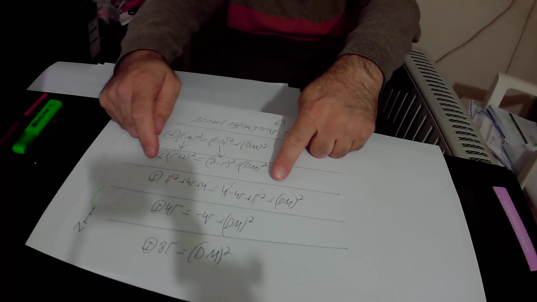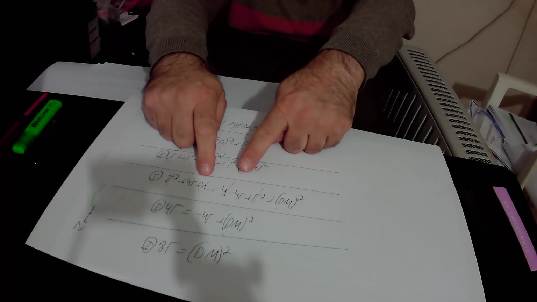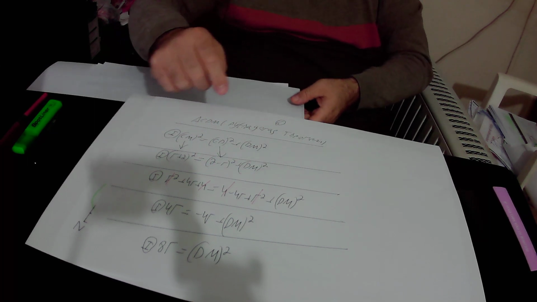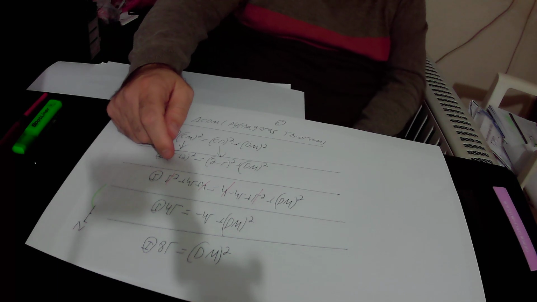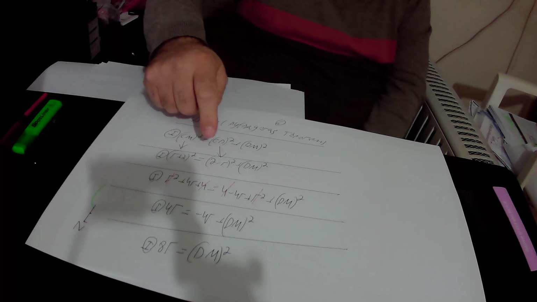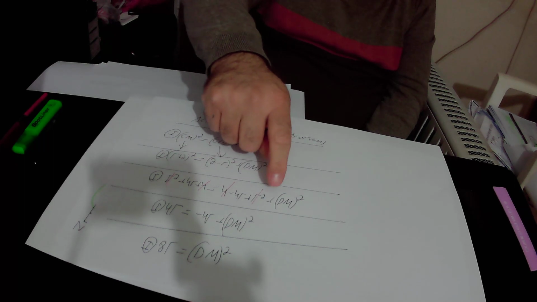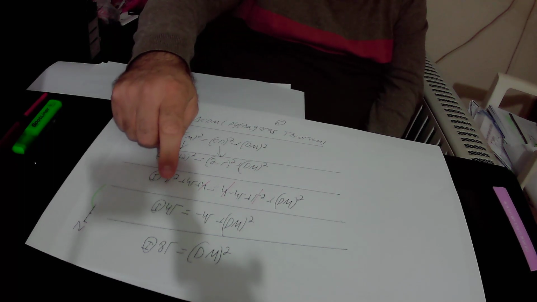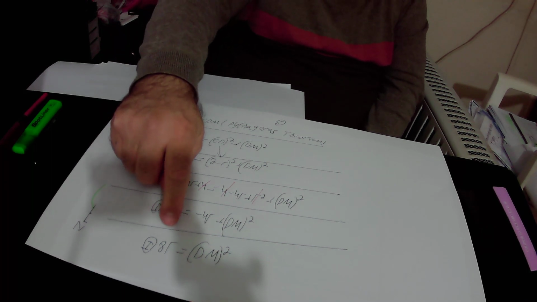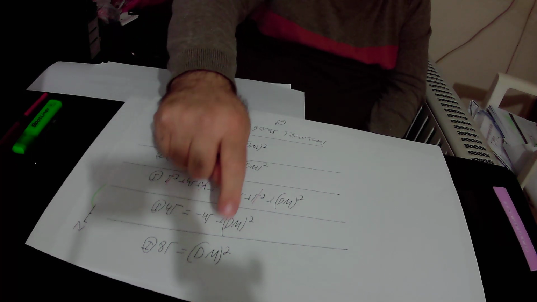Here we have R squared on both sides, so R squared gets cancelled, and we have also 4 on both sides, so 4 also gets cancelled. What is left is 4R on one side, and on the other side minus 4R plus MD squared. Here we add 4R to the equation, and 4R plus 4R is 8R. 4R minus 4R is 0, so in total we get that 8R equals DM squared.